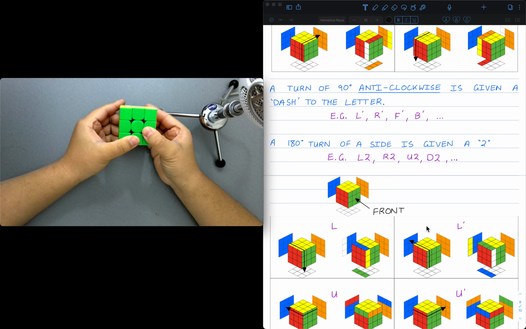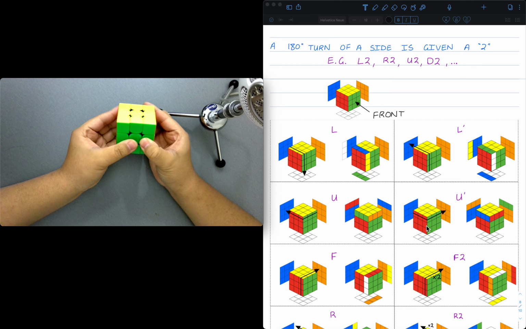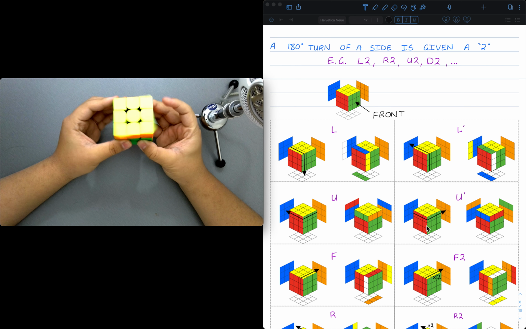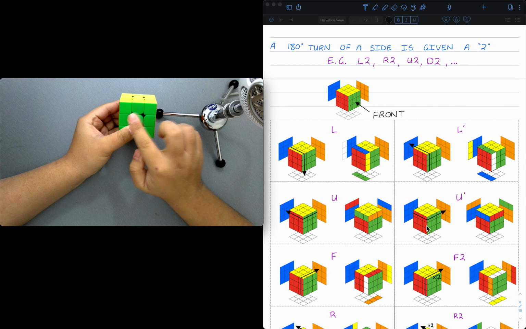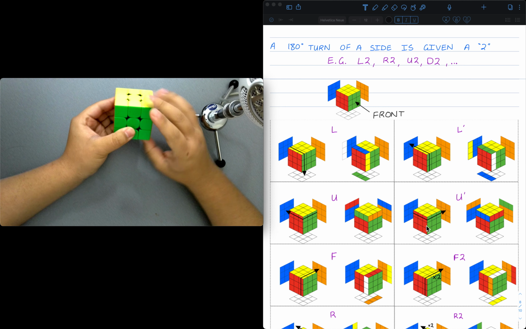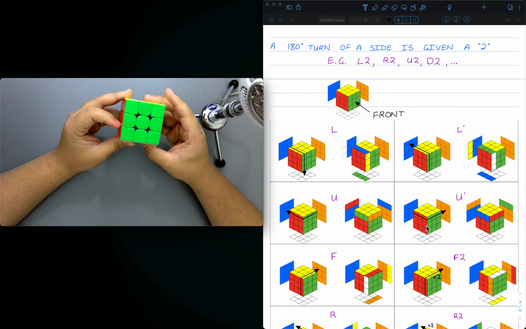If this is front, my U is this way. So it's clockwise, because remember when I look at it, it's going clockwise. But when I do U prime, it's going anti-clockwise. If this is front, this is F2.